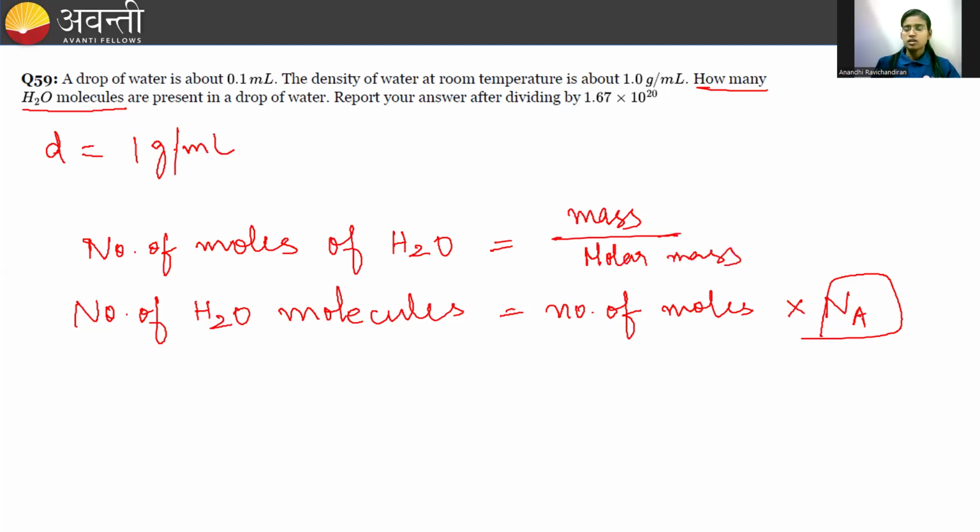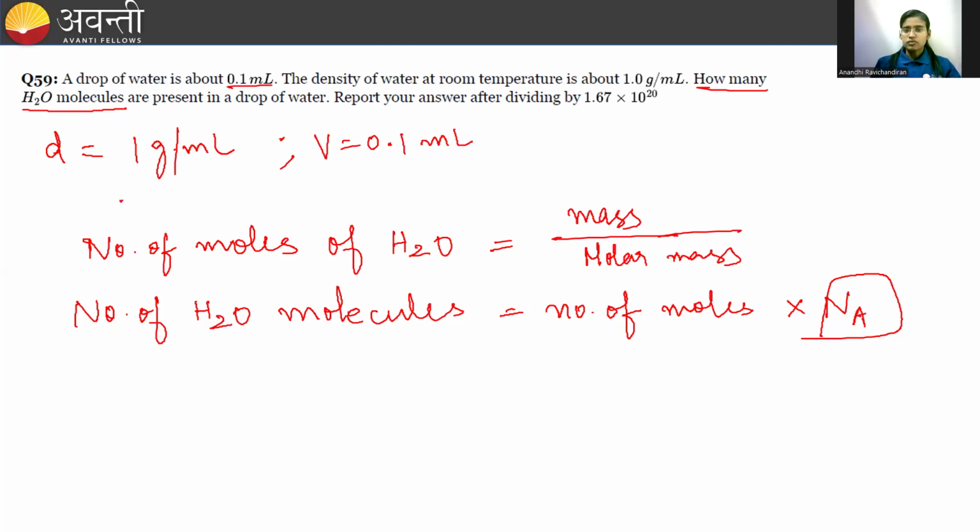So the given mass value is not given. Instead of that, we have density value and the volume. Volume is given as 0.1 milliliter. So using the given density value and the volume value, we can find out the mass. So how to find out?